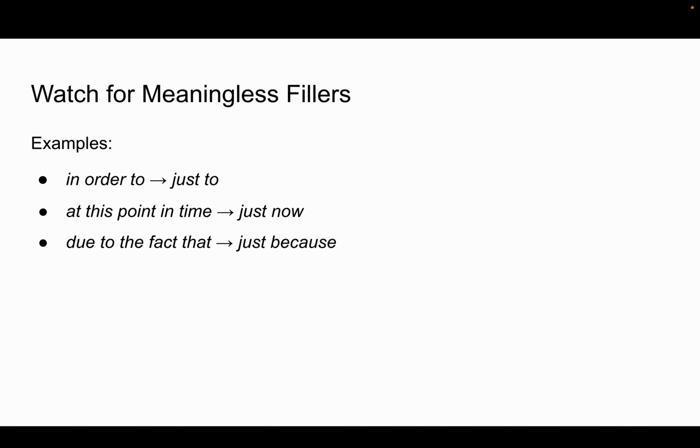He went to the hospital in order to get treatment. He went to the hospital to get treatment. That's already enough. You don't need the in order. At this point in time, you can just say now. Due to the fact that, you could just say because. The reason why, you could just say the reason, or just because. The idea is to replace long fillers with a single, stronger word.